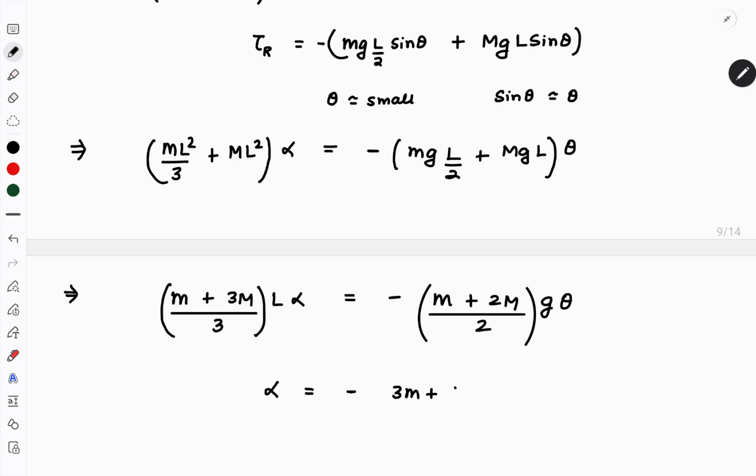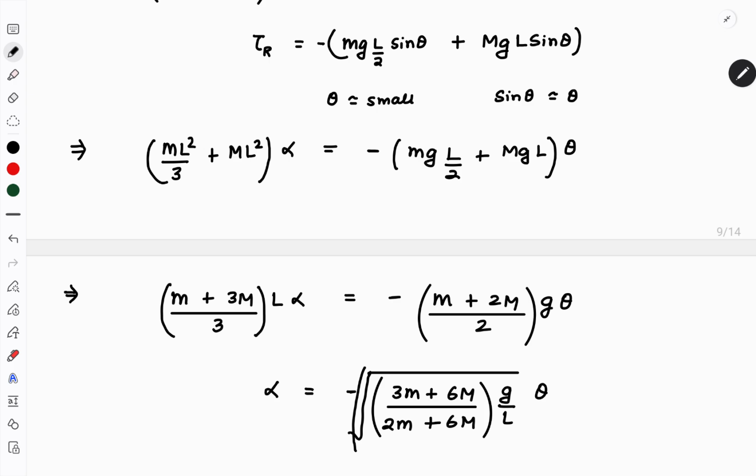And hence over here we can say that alpha is equal to minus thrice of small m plus 6 times of capital M upon twice of small m plus 3 times of capital M, and then we write it as g by L, and then we write it as theta, so under root and then square. So we write it this way to get the form omega square theta.